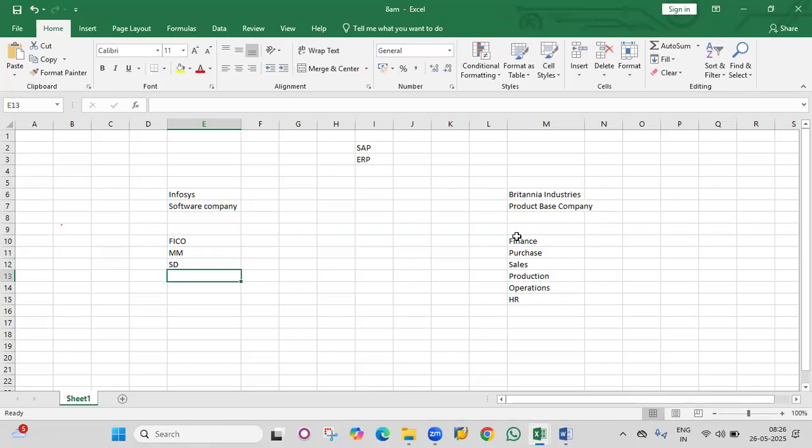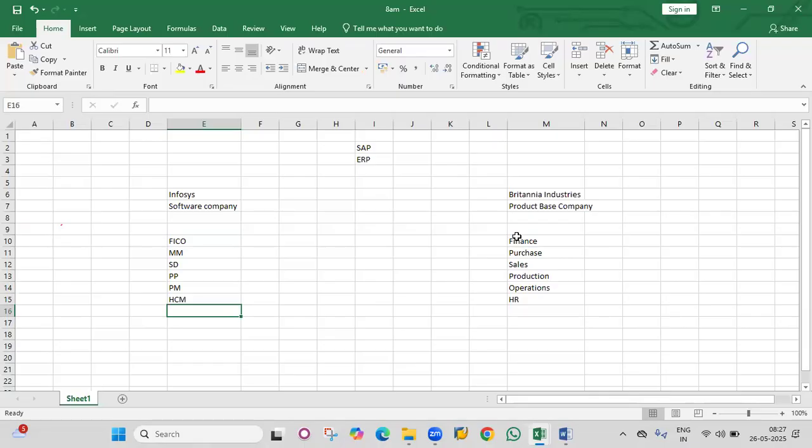Next one, PP, production planning for manufacturing. Next, operations: PM, plant maintenance is for operations. Next, HCM, human capital management, is for HR. Not only this, we have more than 40, 50 plus modules in SAP.